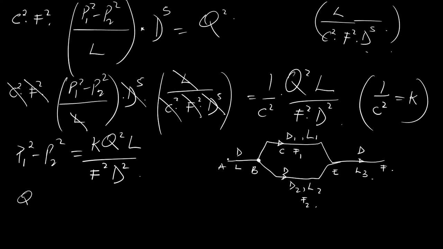So now we have here to be our Q. Here is Q1, here is Q2. So we have Q to be equal to Q1 plus Q2. This is equation 1.